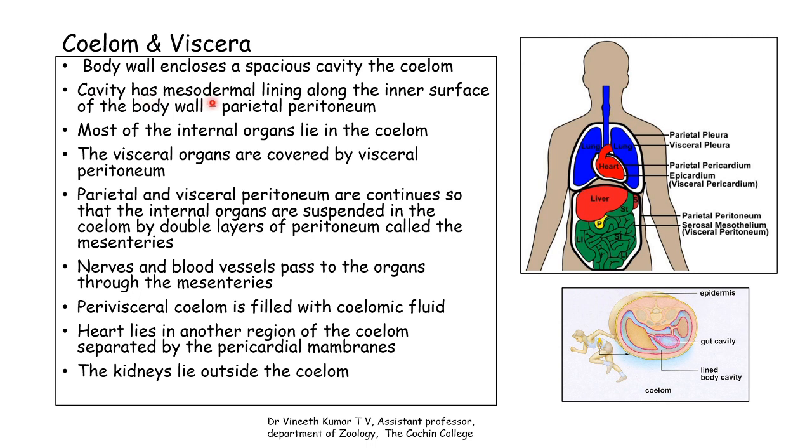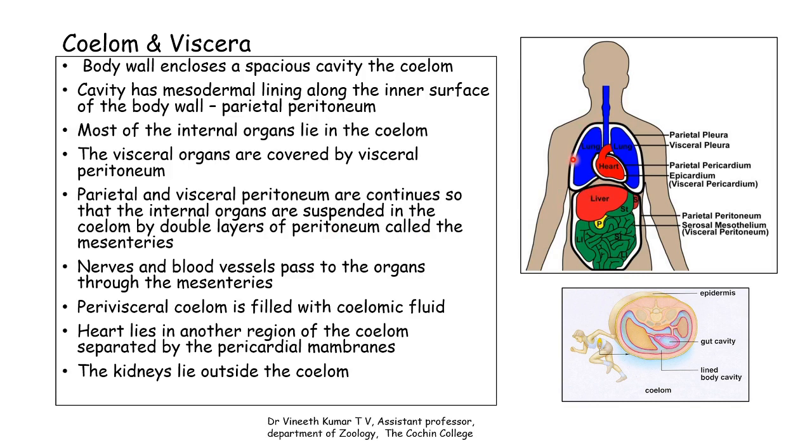So the body cavity has a mesodermal lining along the inner surface. This black line is called the parietal peritoneum. Most of the internal organs lie in the coelom. The visceral organs are covered by this lining, and the black lining of all the organs is called the visceral peritoneum. They are continuous, so that the internal organs are suspended by a double layer of peritoneum called the mesenteries.